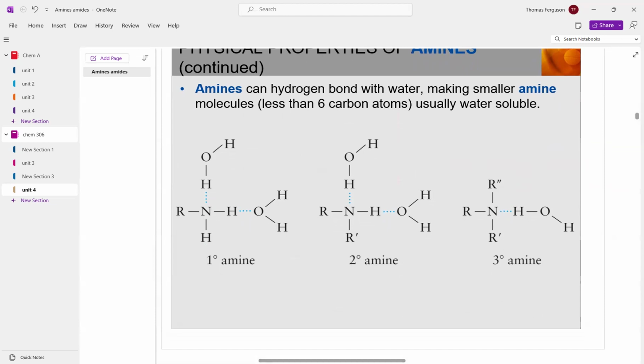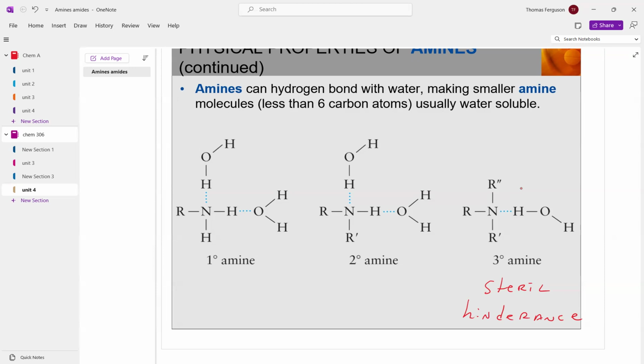Now, the more hydrogens you have around the nitrogen, the more hydrogen bonding you can get. This has not only none, it has steric hindrance. In other words, those R groups around the nitrogen restrict the water coming in to be able to bond with that partially negative nitrogen. Or over here with hydrogens, with the primary, there's a lot more room to get in there.